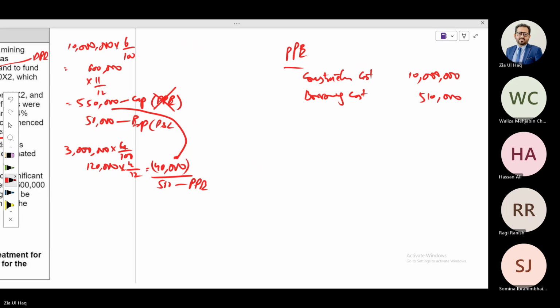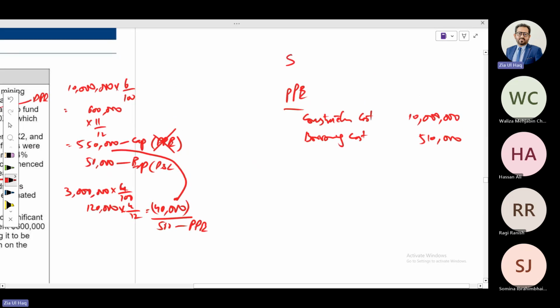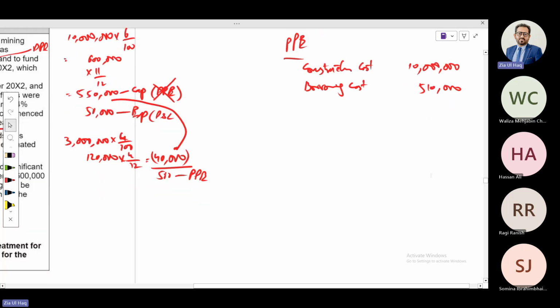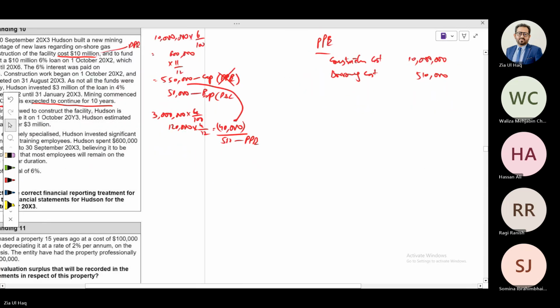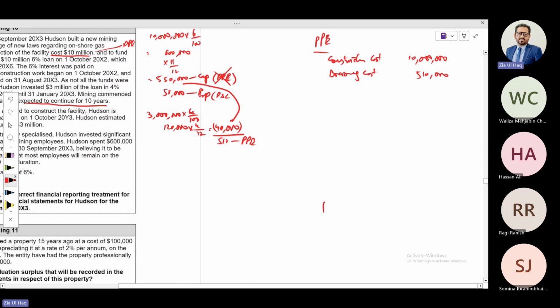So these should be the extract of the statement of financial position. What else should be recorded? We need to see the profit and loss account.